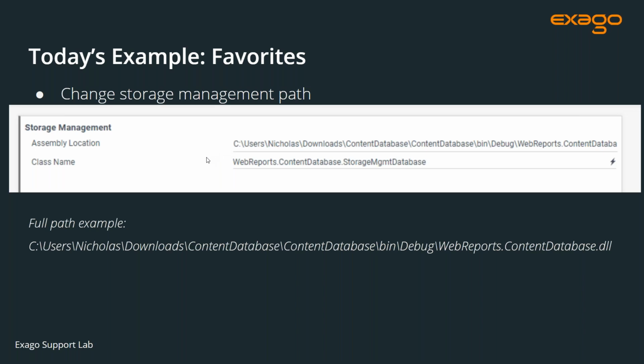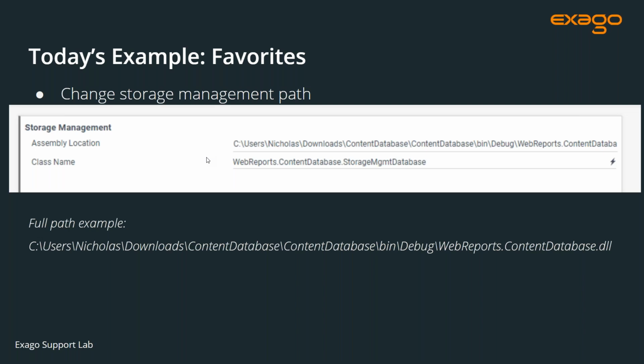And that's because by default, there is a compiled storage management code base that ships with every installation of Exago. So the default is going to point to that built-in base storage management sample that comes with Exago. But once we download that source code and start to modify it, eventually we'll get to a point where our changes are complete.